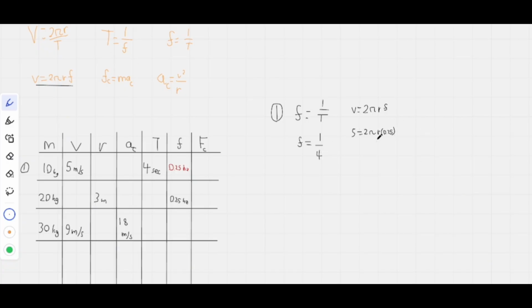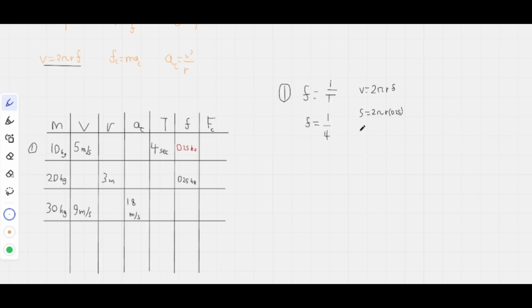Now, of course, we divide 2 onto the other side. We get 5 over 2 equals pi r 0.25.